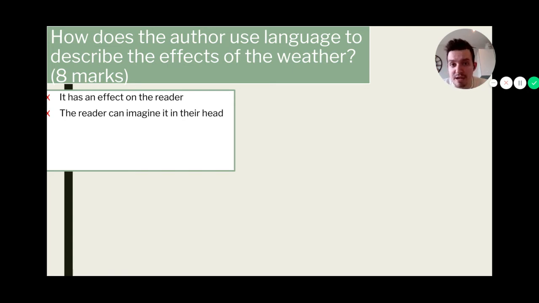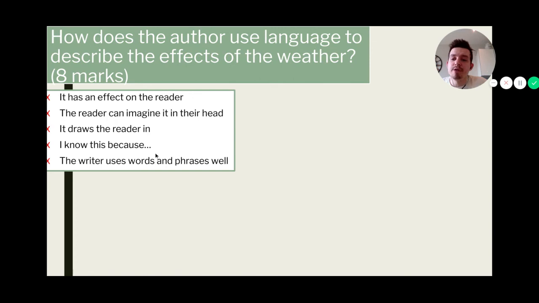They don't mean anything because if the writer has not done that, they're not doing their job effectively. Equally, these last 3 phrases should be avoided. "Drawing the reader in" means nothing. We should be avoiding saying "I know this," because we want to try and be more sophisticated in our writing, and you are not rating what they are doing. So none of these phrases should come near your analysis because all it will do is make your answer vague, and you'll score probably a maximum of 2 marks out of the 8.